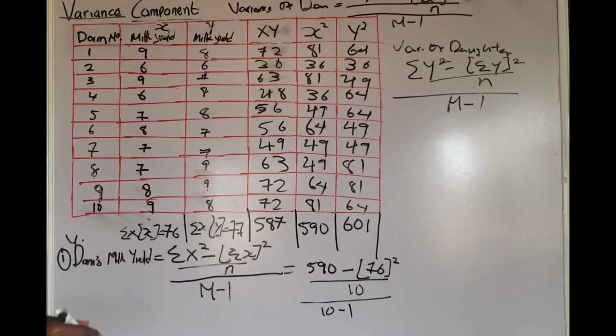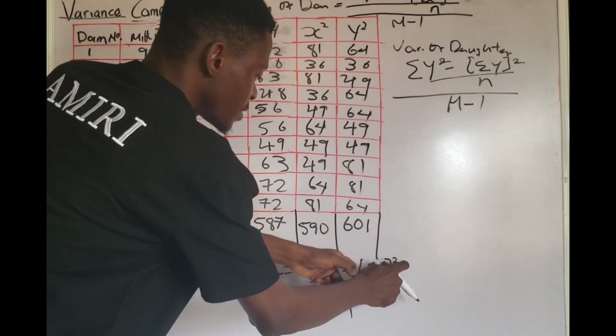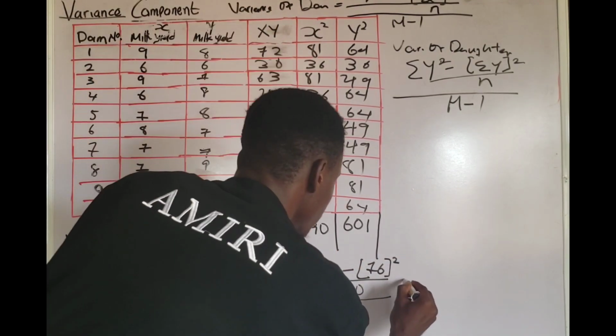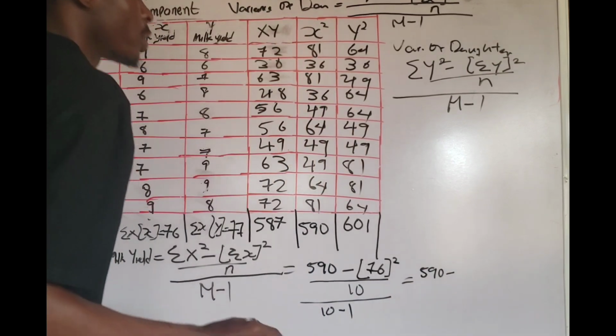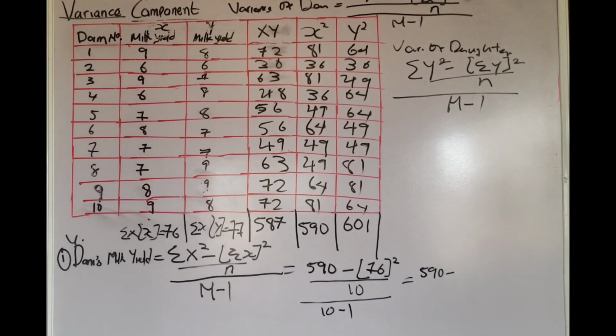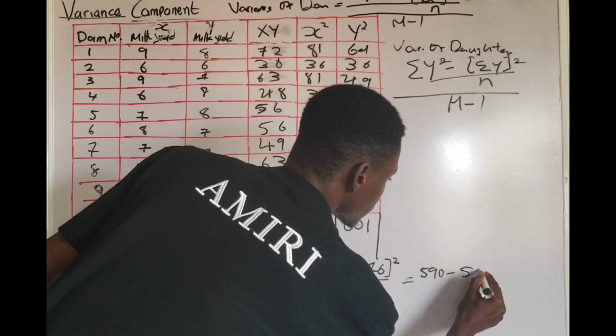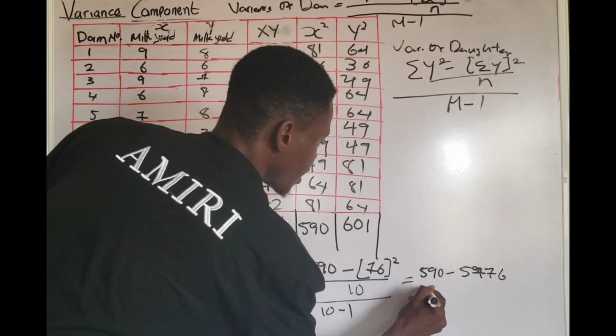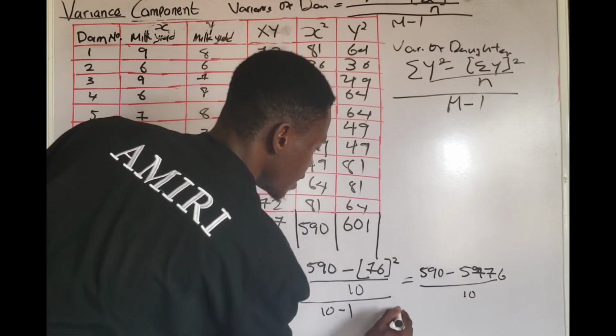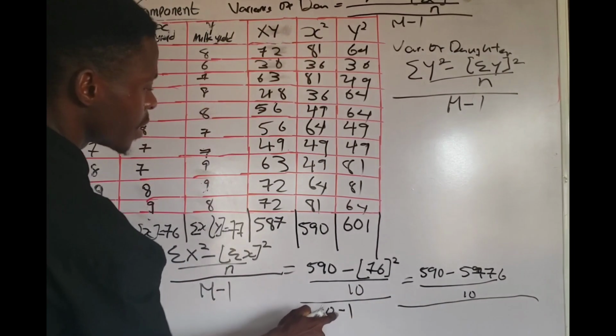So the first thing to do is to calculate this at first. So that will be 590 minus. Punch your calculator and let us know the answer. 76 squared is 5,776. 5,776 divided by 10. Then 10 minus 1 is what? 9.